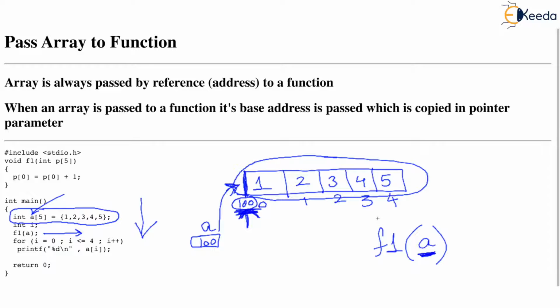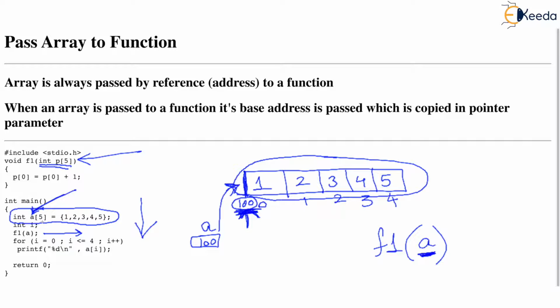Okay. Now come to the function here. The function has got called, and look at the parameter of the function. This parameter declaration exactly matches the array declaration. Note, in main we have declared the array as int a[5].